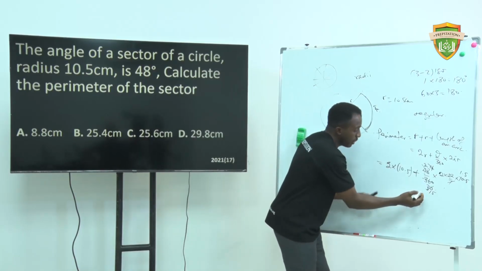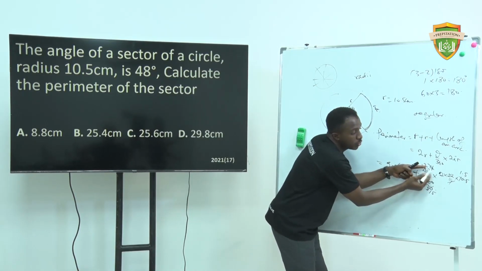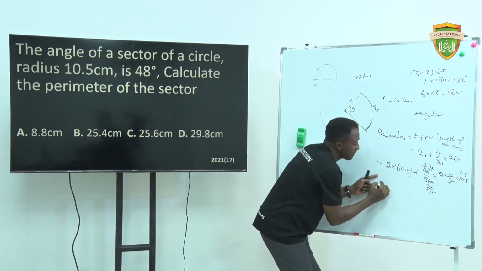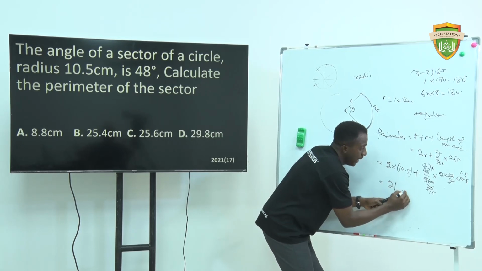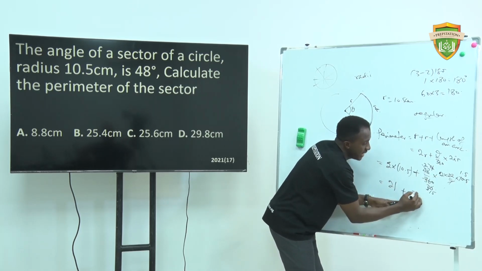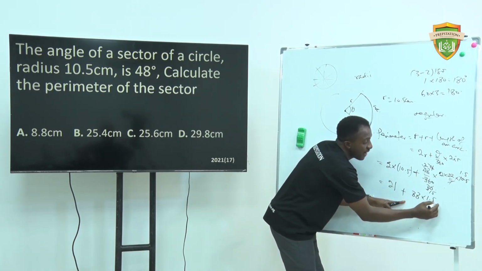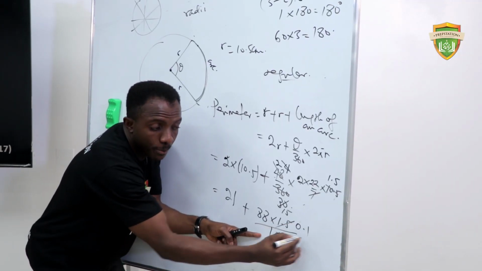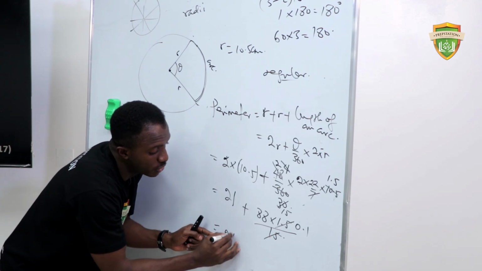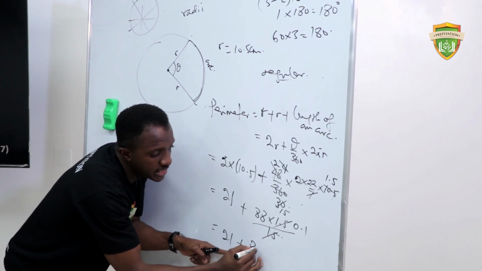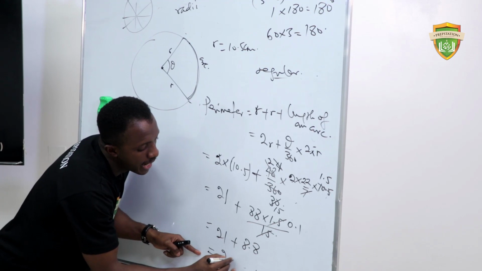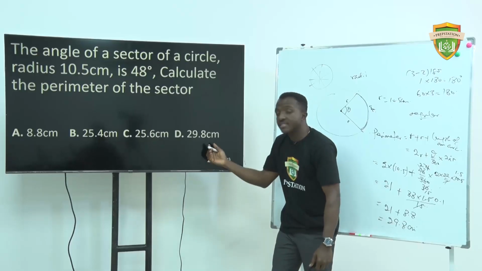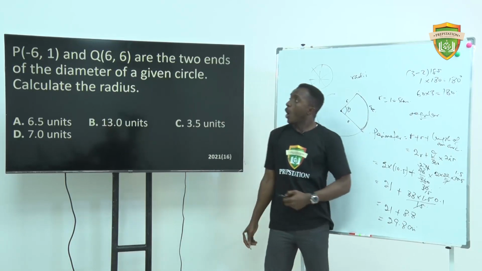Remember 2 times 2 is 4, and 4 times 22 is 88. 2 times 10.5 is 21, plus 88 times 1.5 over 15. 15 goes into 1.5, 0.1 time, so that leaves me with 21 plus 8.8. If I add that up, I have 29.8 centimeters. 29.8 centimeters is option D.